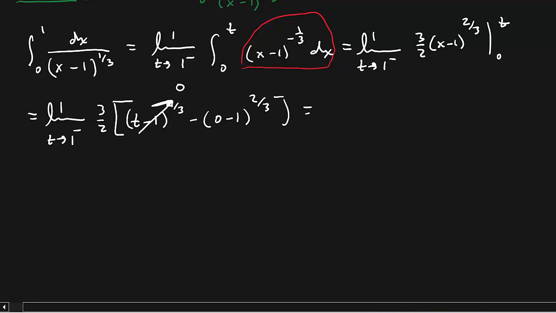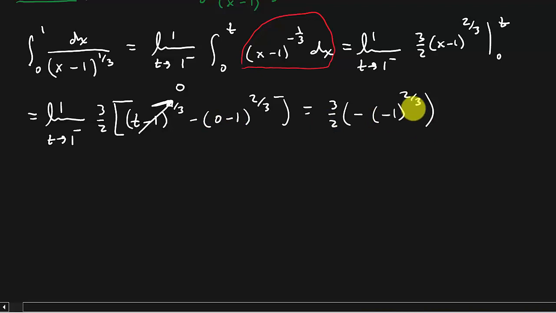All right. So basically what we're left with is 3/2 times, we got the minus here, and that's going to be -1 to the 2/3. Okay, see, 0 minus 1 is -1.